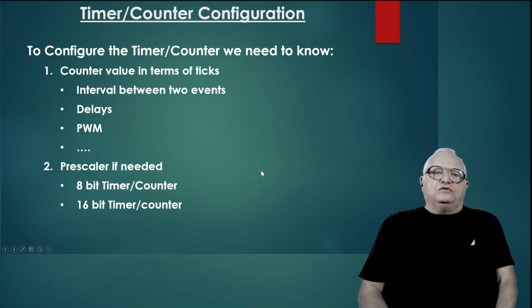Secondly, we need to know how to implement counters for the 8 and 16-bit timer counters, because many times the value of the register is not going to be sufficient for the number of ticks we want, so we're going to have to use prescalers.